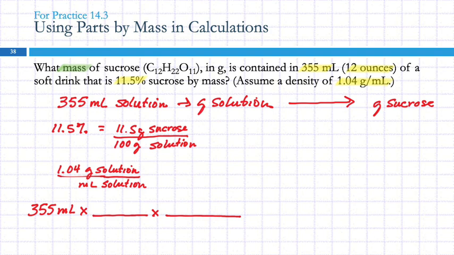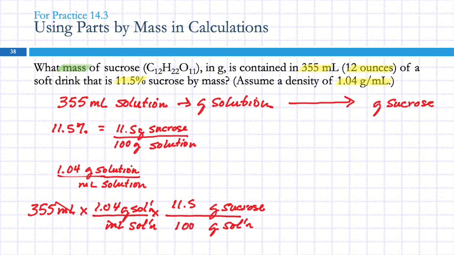We're going to grams of solution, so that's 1.04 grams per milliliter of solution. Those cancel out. And then we're going to grams of sucrose, and we're dividing by grams of solution. So 11.5 grams of sucrose to 100 grams.